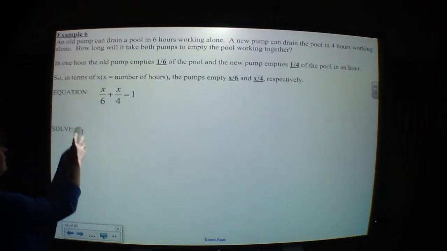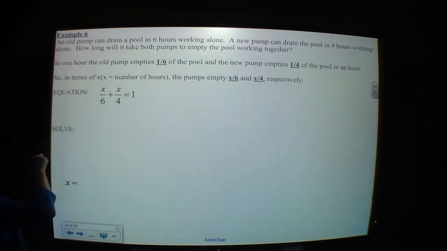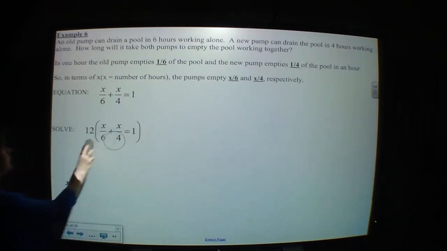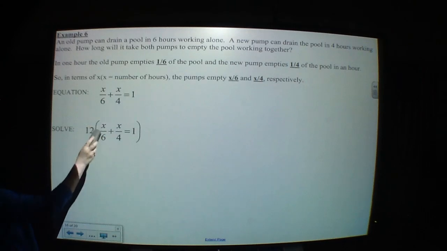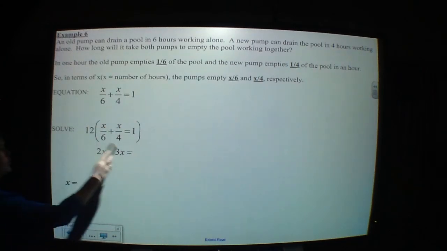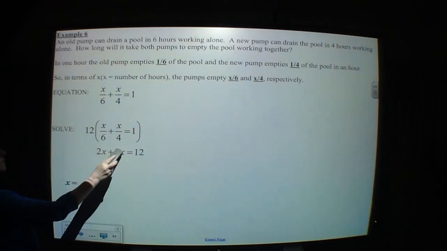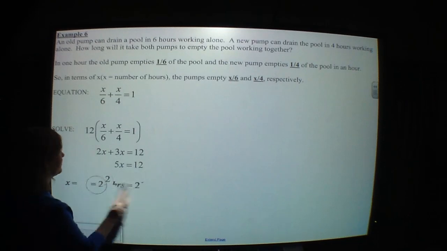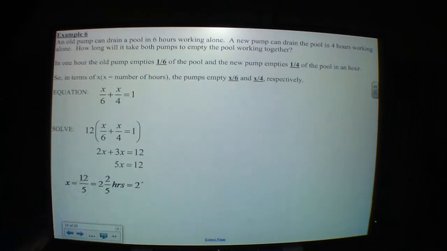So my equation, solve it. I would multiply by your least common denominator of 12 to get rid of the fractions. When you distribute the 12, you have 2x plus 3x is equal to 12. 2x plus 3x is 5x. Divide by 5. So that's 2 2/5 hours.